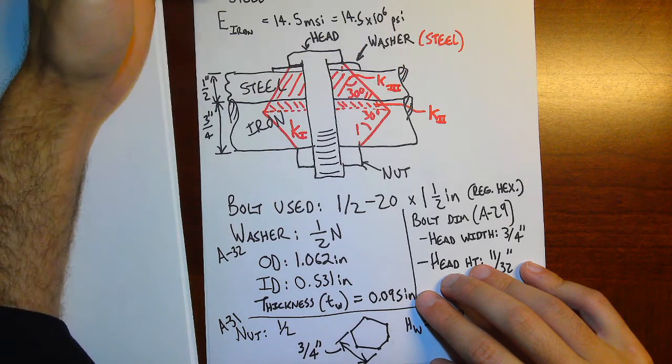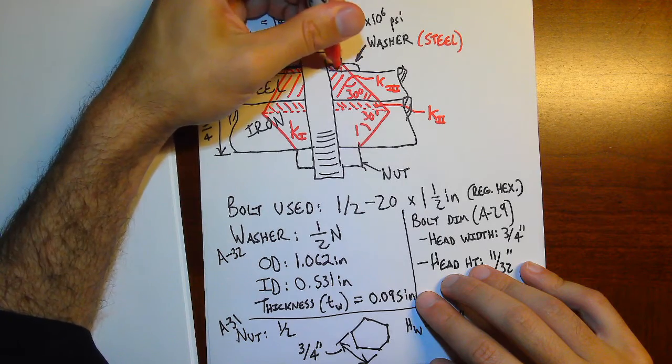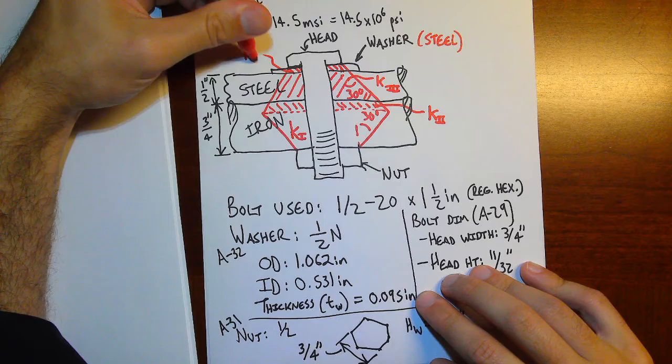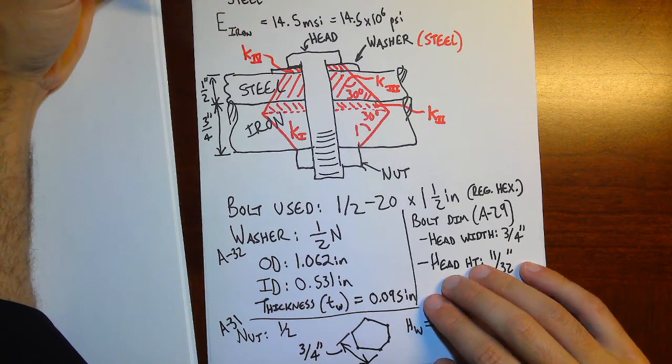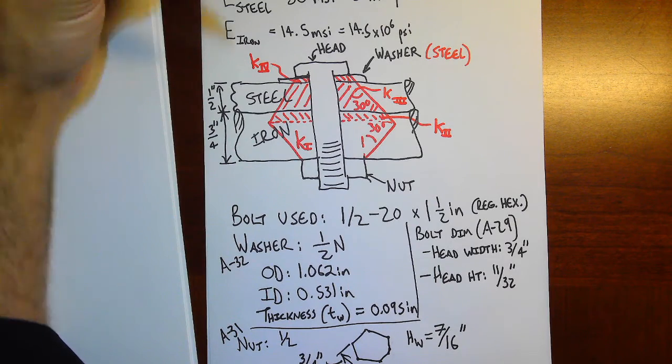Call it K3. And then I'm also going to have to compute the stiffness contributed by the bit of washer that gets involved. Call that K4. So those are the 4 stiffness computations that I'm going to have to run. So that's what we should be expecting.